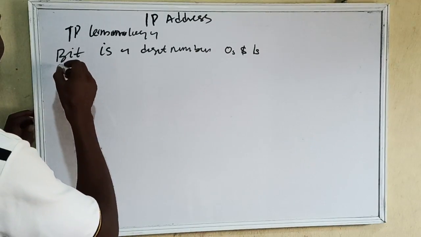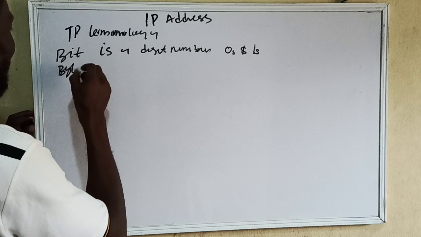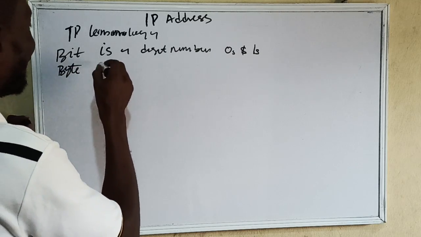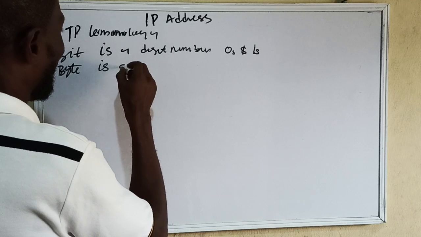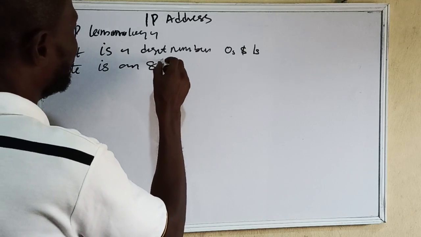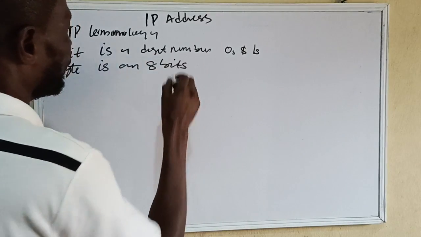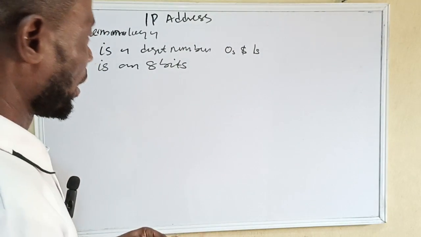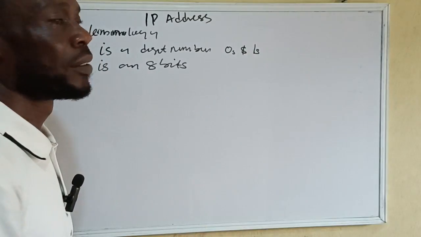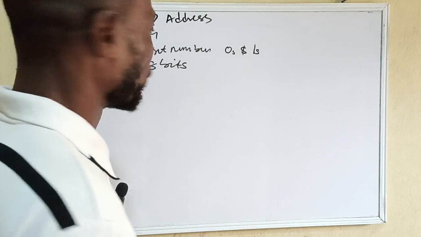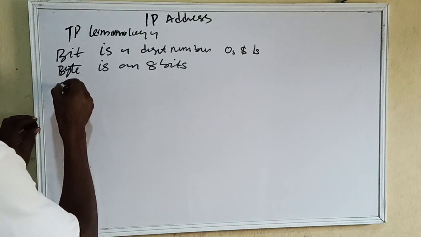Another one is byte. Byte is an 8-bit. 8 bits, that is 8 of these numbers, is 1 byte. Now, octet.